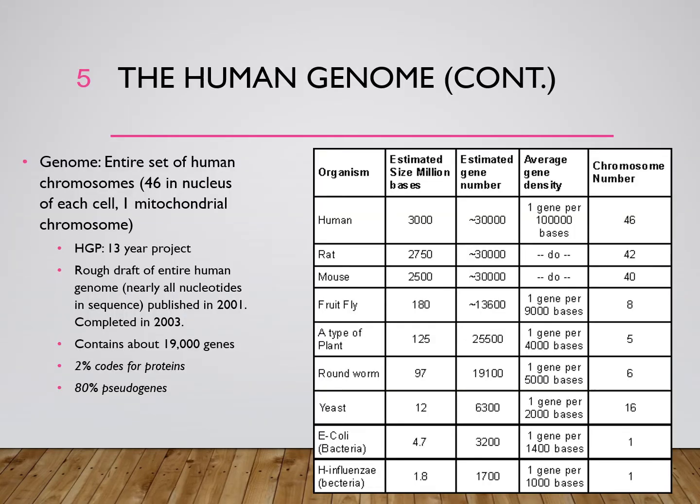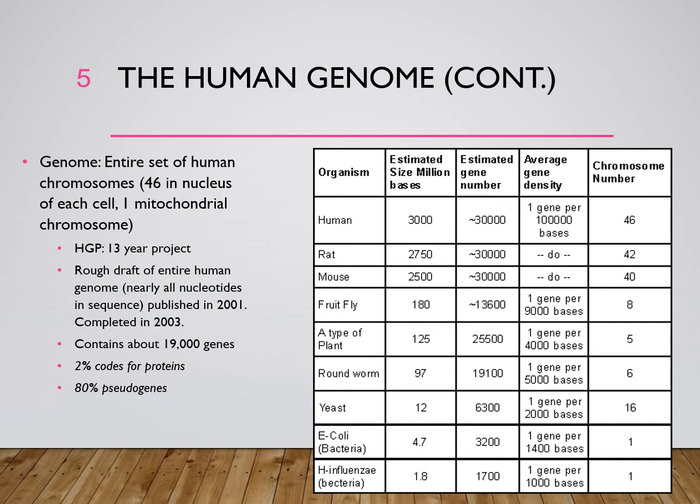So the genome then is that collection of material in each typical cell of the human body. Now, in the typical genome, there are 46 individual chromosomes and then one special chromosome called the mitochondrial chromosome.